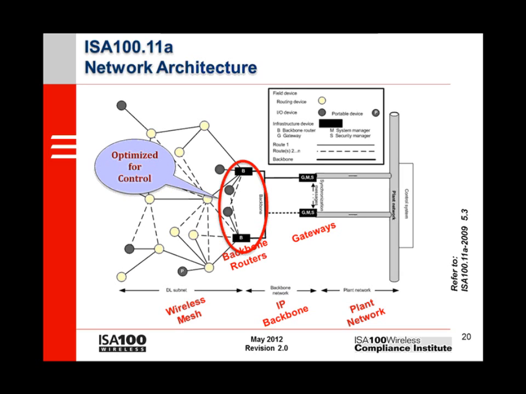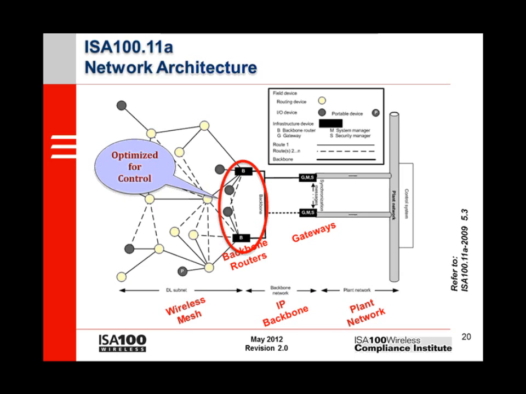Duocast is an optimization where one message is received by multiple backbone routers and then acknowledged by each in turn. This provides a very high probability that a message will be received by the backbone on the first transmission. Combined with Duocast retries, the control device can be configured for low latency and high reliability.